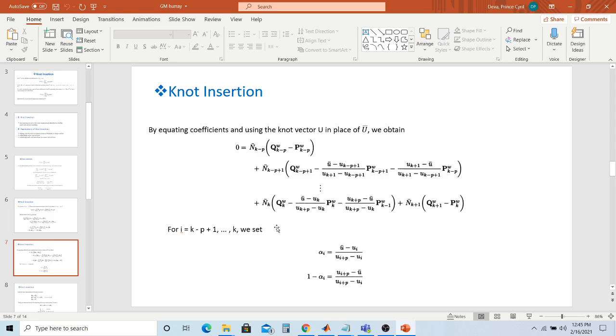And now for all ranges of i, we set alpha_i = (u bar - u_i) / (u_{i+p} - u_i), and 1 - alpha_i = (u_{i+p} - u bar) / (u_{i+p} - u_i).